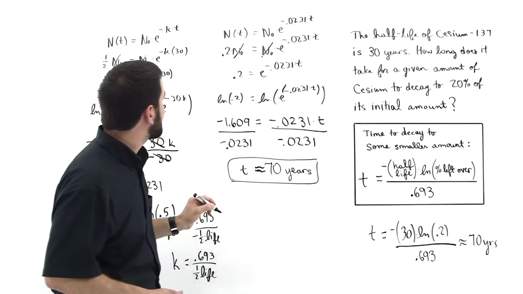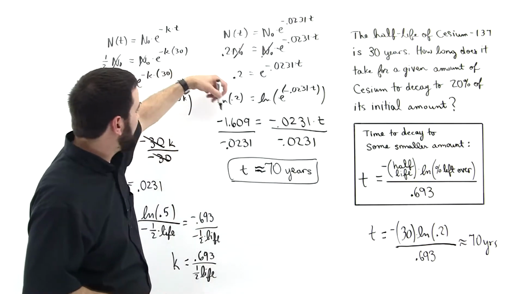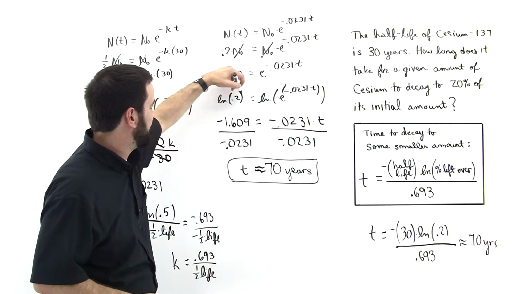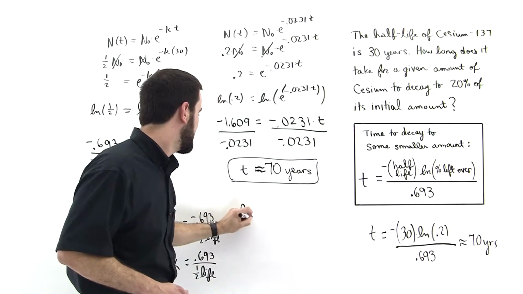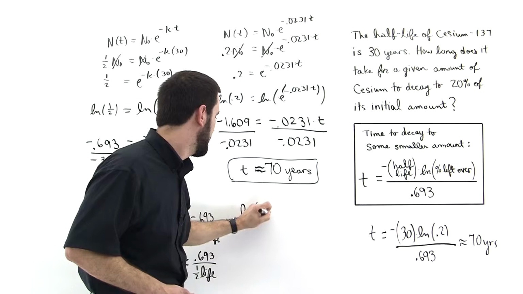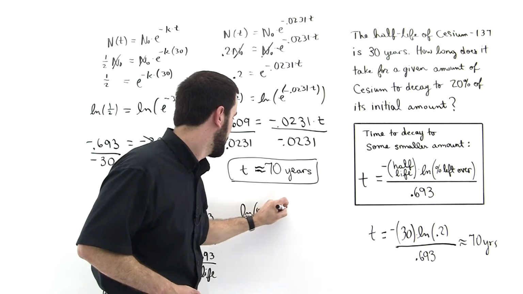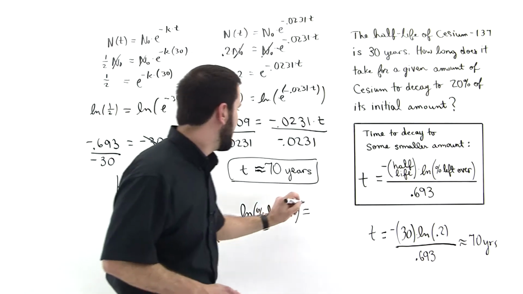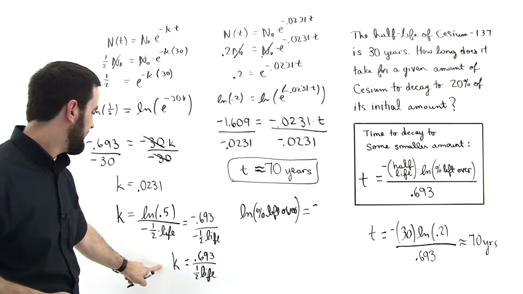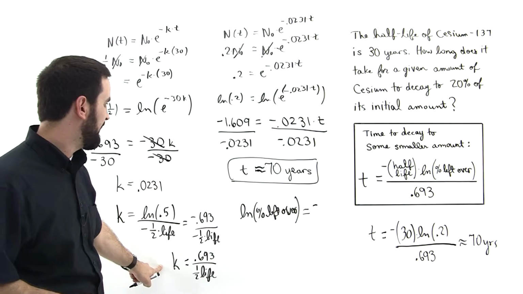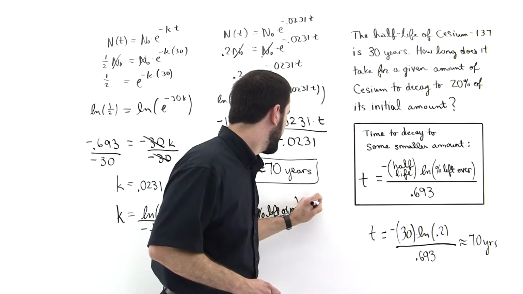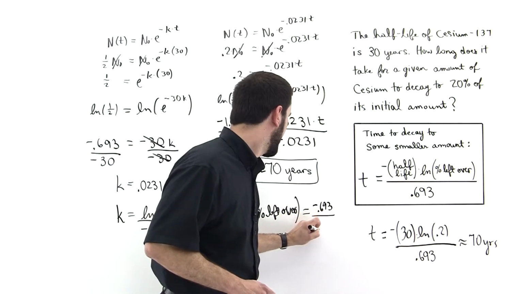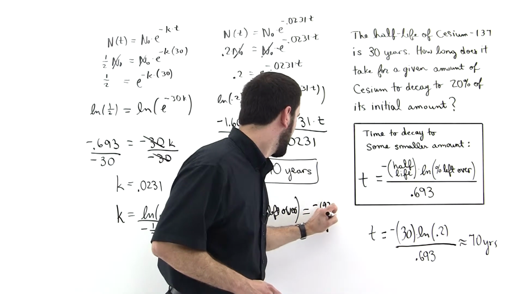Okay, then coming to here, this term right here, this 0.0231, is this. So we could write this. And this number here, negative 1.609, is the natural log of the percent left over. So this is the natural log of the percent left over equals negative 0.693 divided by the half-life times t.